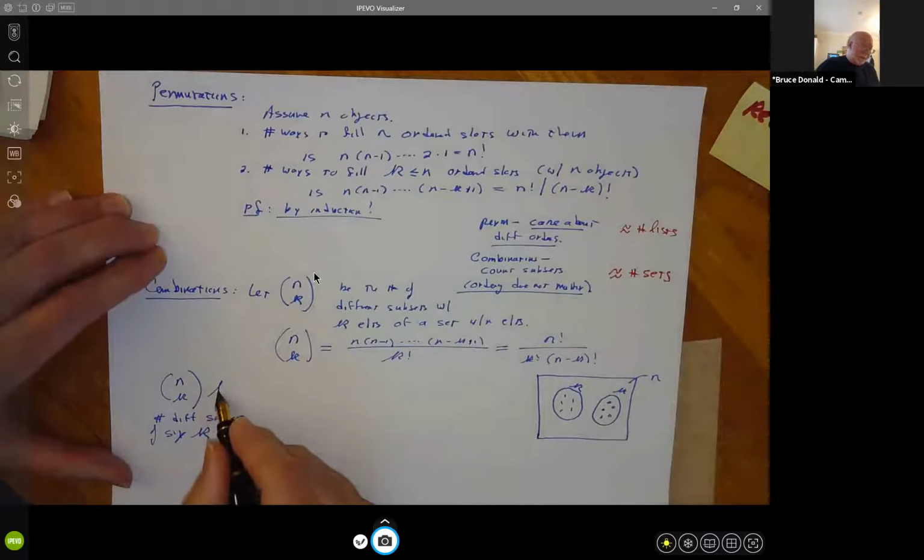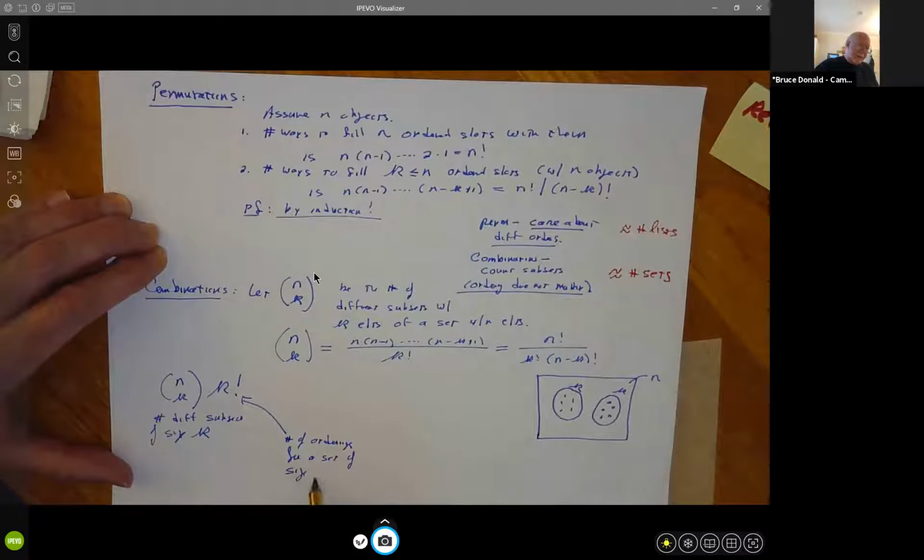So we can imagine taking this and multiplying it by k factorial. Why k factorial? This is the number of orderings for a set of size k. And this is simply equal to n times n minus 1 down to n minus k plus 1.